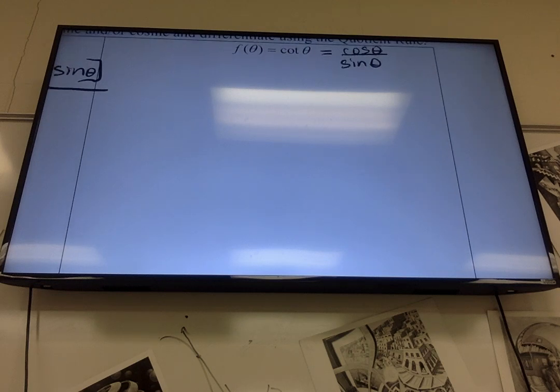So cotangent, if I'm doing it in sine and cosine, would be cosine of theta over the sine of theta. So, low d high, derivative of cosine, negative sine, minus high d low, what's the derivative of sine?